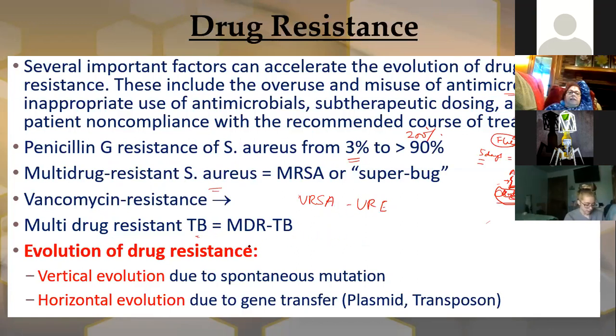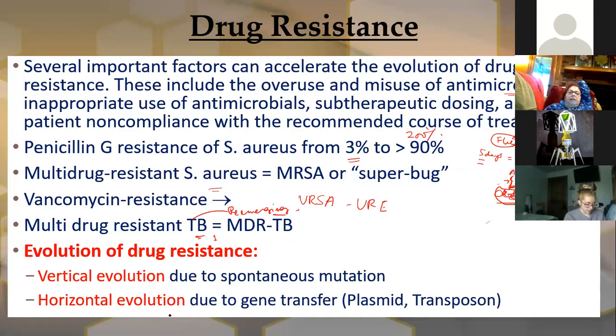Tuberculosis was out of the whole world. There were, I think, 2 or 3 consecutive years where the whole world didn't experience even a single case of TB. Now it's a re-emerging disease. It's coming back because of the drug resistance.